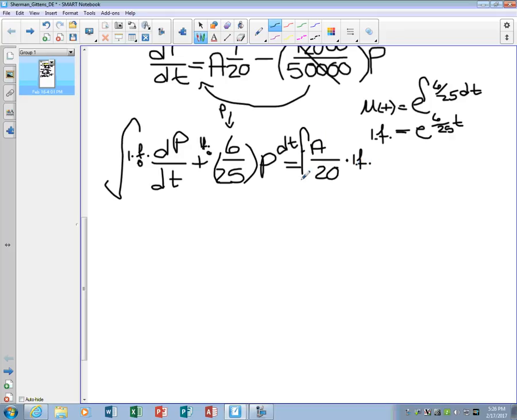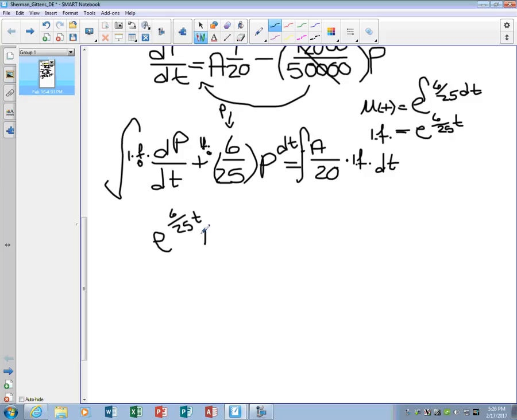And then we integrate both sides, dt. So this side, again, this is just a little shortcut, but we know that it's going to come out to be 6 over 25 t.